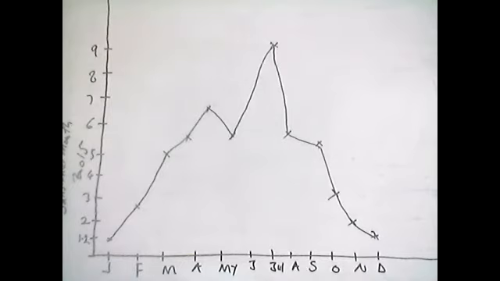Okay, so the 12-point moving average. In statistics, the moving average is just the calculation used to analyze data points by creating a series of averages of different subsets of the full data set.